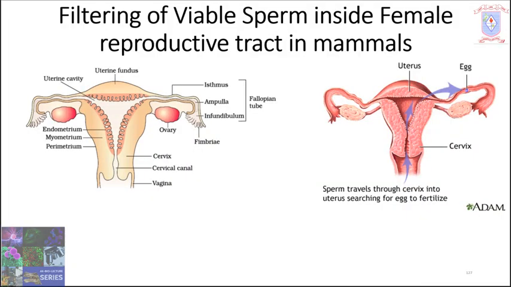Of course, before discussing the topic, you must have some idea about the structure of the female reproductive tract. The sperm travel from the opening of the female reproductive tract to the fallopian tube through the vagina, cervical canal, and then contact the endometrial lining, then take a diversion either to the left or to the right fallopian tube depending on from which ovary the egg is released.